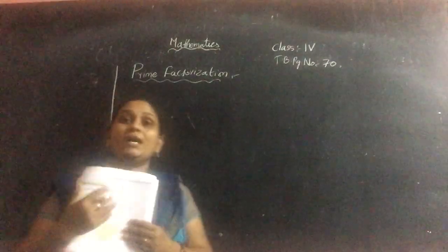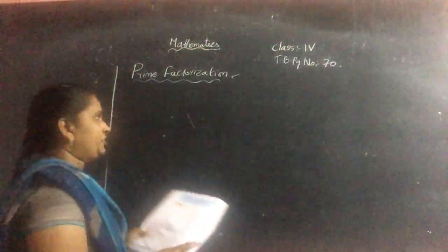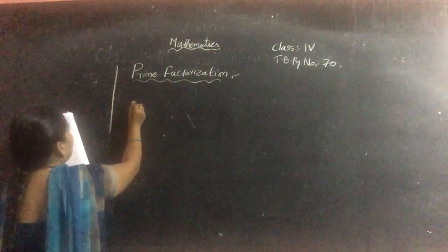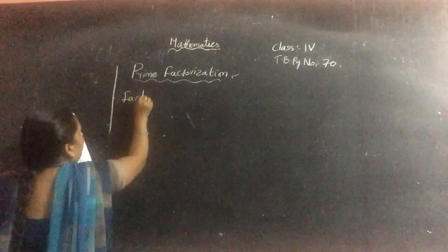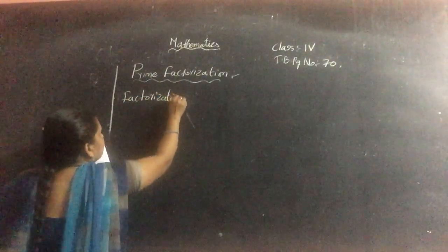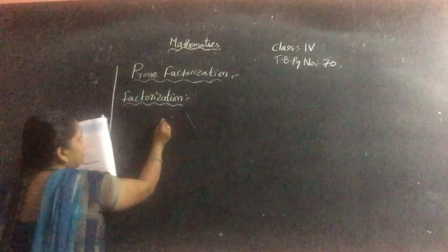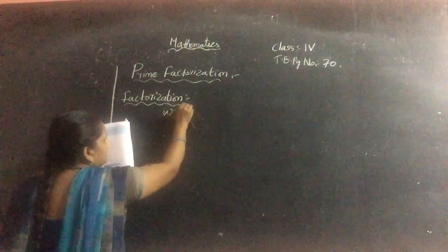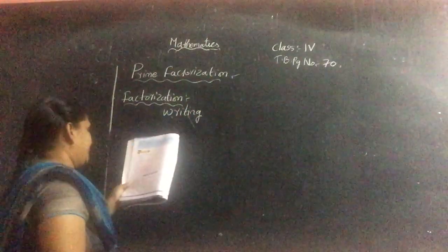So first, what is called factorization? The definition of factorization. Write down, give one finger gap and write the heading Factorization. Then below that, give 2 fingers gap and write this definition.